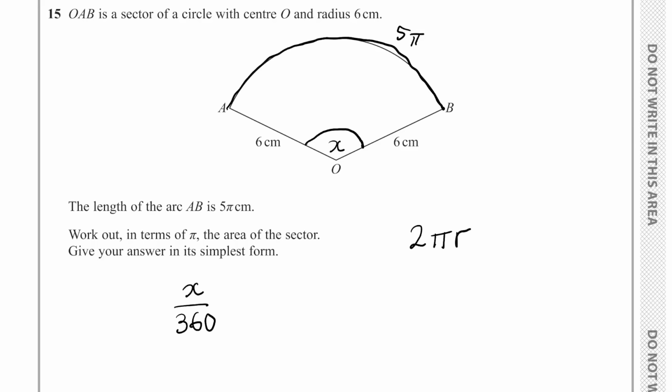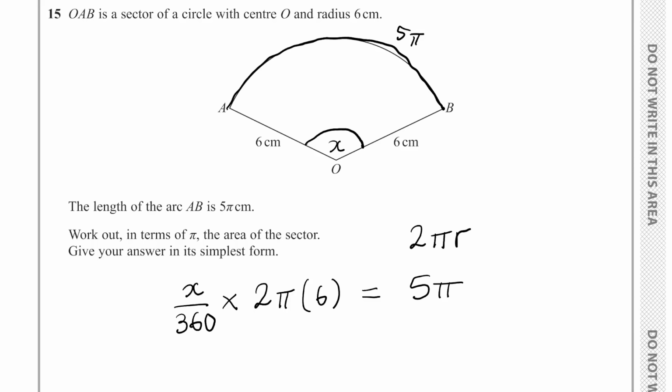So some fraction of the circle, whatever our angle is, over 360 of the whole circumference, 2 times pi times r, which is 6, is equal to 5 pi. So a fraction of the whole circumference is 5 pi.